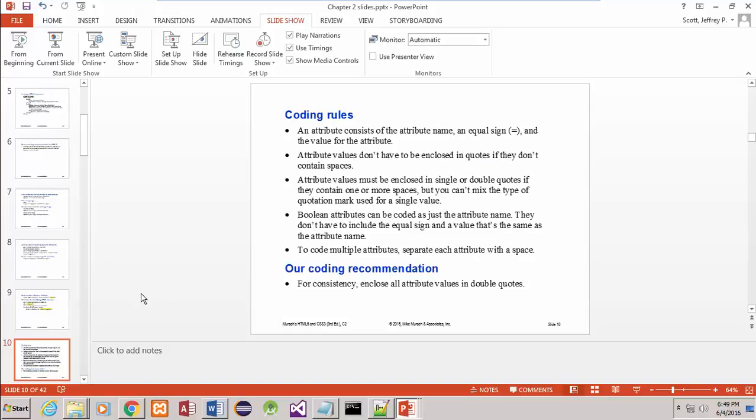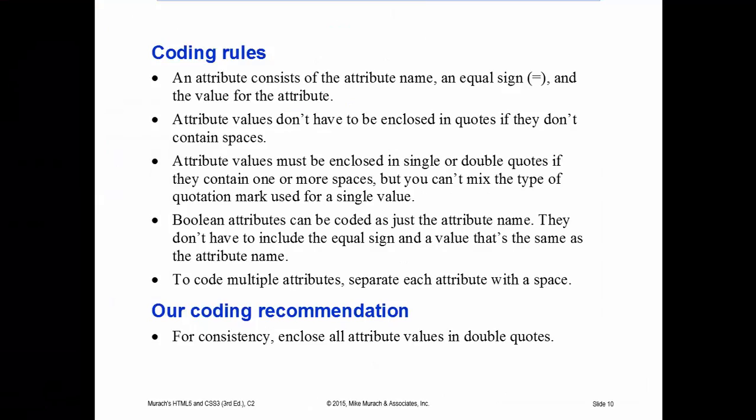Okay. So they give you some rules here that you're supposed to be using for this, and much of what you see here, at least hopefully, is going to just be common sense. An attribute has the attribute name, an equal sign, and the value of the attribute. You really should put the value of the attribute in either single or double quotes. Most people use double quotes.